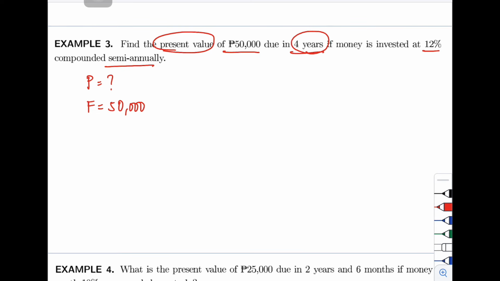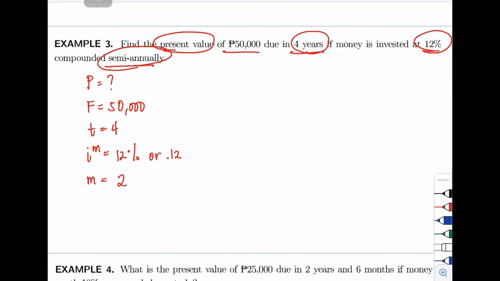Then, meron tayong 4 years. Yan yung time. Then, 12%. Ito yung ating nominal rate. So, si 12%, same lang yan guys ni 0.12. Then, compounded semi-annually. So, ibig sabihin, ang frequency of conversion natin is equals to 2. Since meron tayong dalawang semi-annually in 1 year.